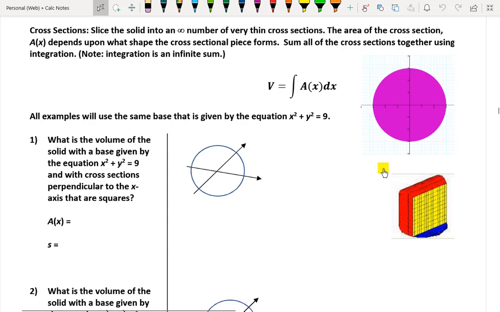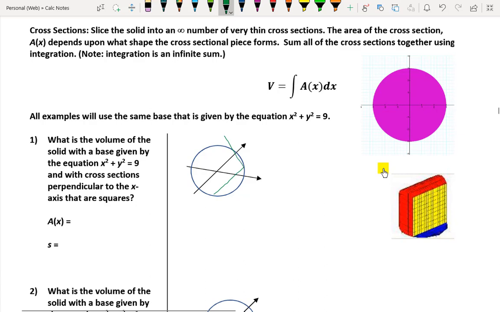So I'm just going to draw one square on here so you can see what we're looking at. If we were to come across the base here and build a square out of this, the height is a little bit funky to draw, so I'm just going to do my best.